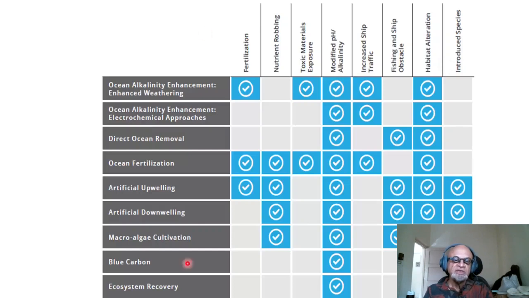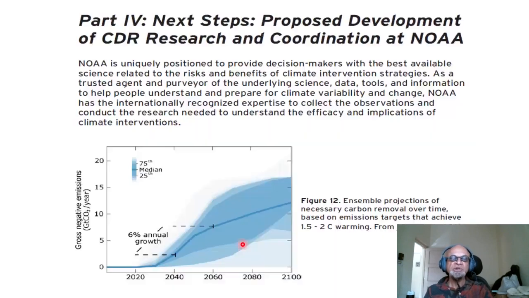Each of these approaches has other impacts that are potentially unintended and unwanted. So you have to be aware of those and track them. That's where quantification, monitoring, reporting, and verification come in.